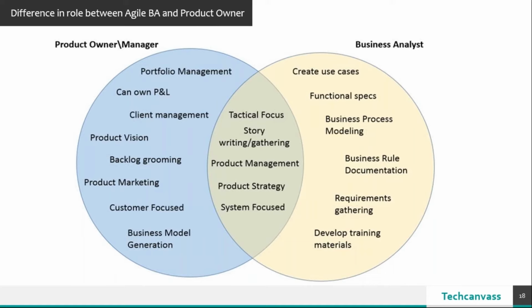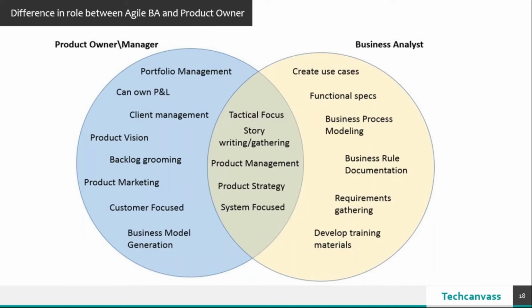So the business solution or process modeling is what the business analyst is doing. There's also a lot of business documentation and requirement gathering. All these requirement-related things are roles of a business analyst.